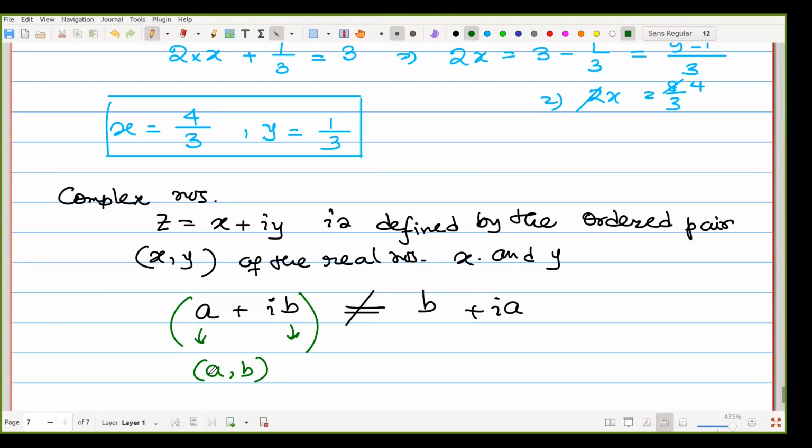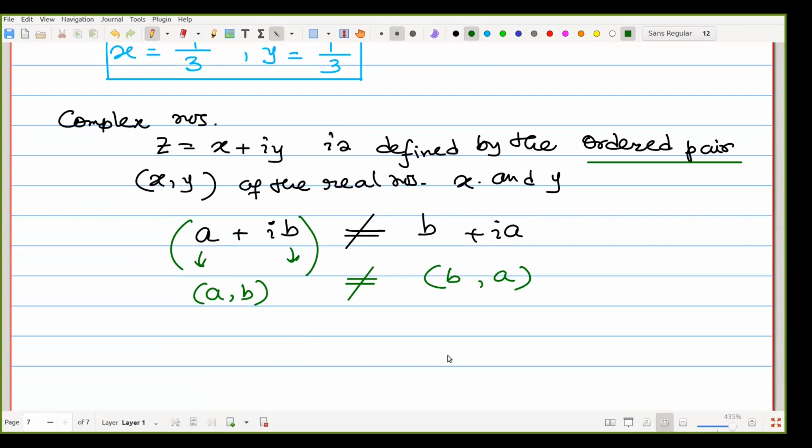Why ordered? Ordered pair, already from the set theory, means which one is in the first, the order is there. The second one is different. So in that case, (a, b) is never equal to (b, a). That's why two complex numbers are different, and why that ordered pair definition is important for any type of complex number, because from that particular ordered pair we should proceed to another very important geometrical term of complex numbers, that is called the Argand plane.